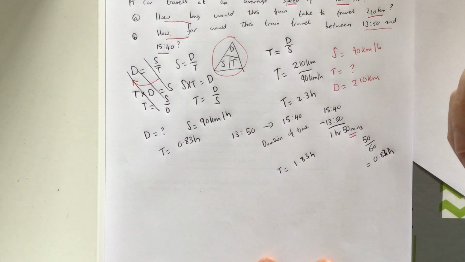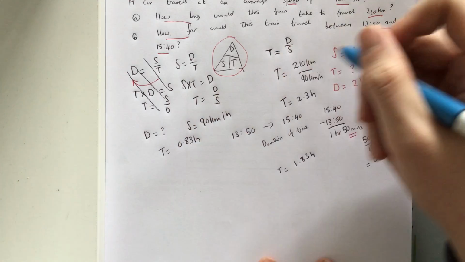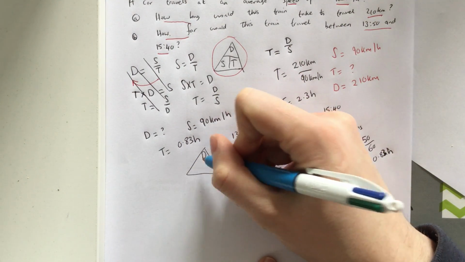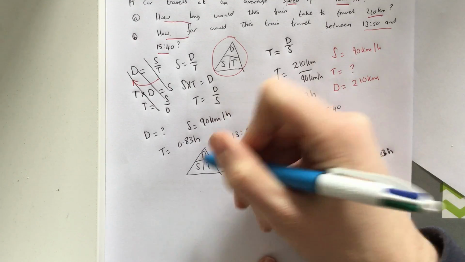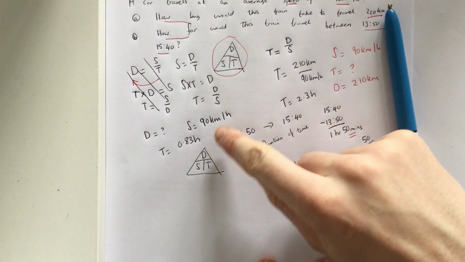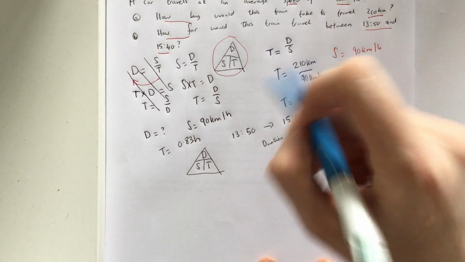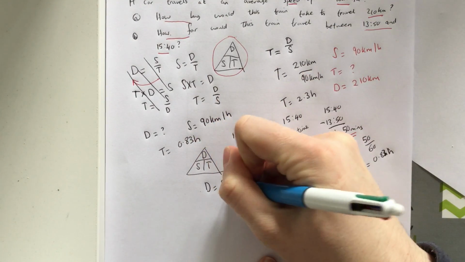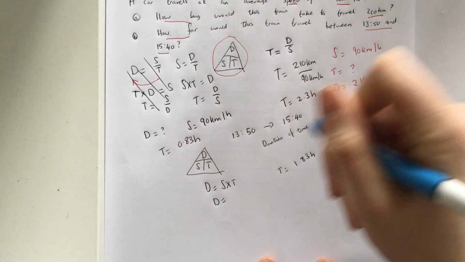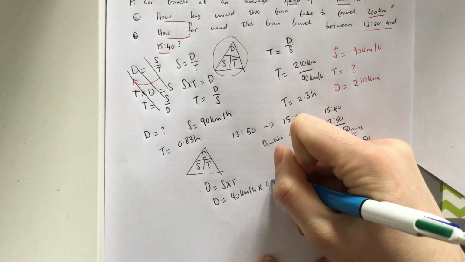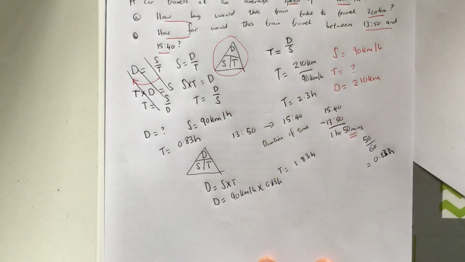So for this calculation, again, you use your triangle. We have D, S, T. What do I know? Time and speed. What don't I know? Distance. So distance equals speed times time. Distance equals 90 kilometers per hour multiplied by 1.83 hours.